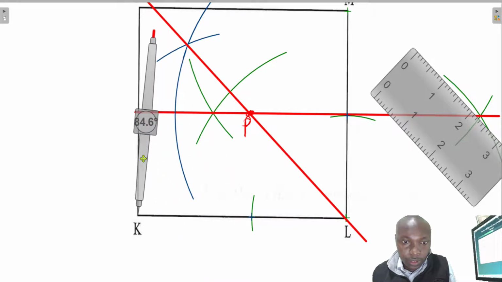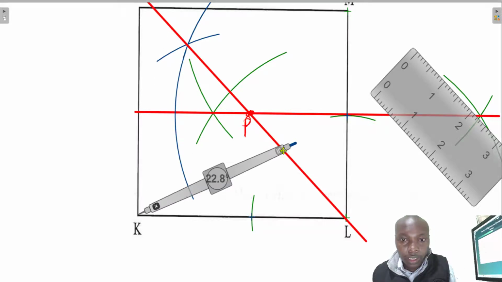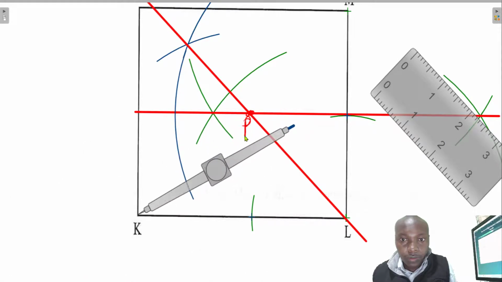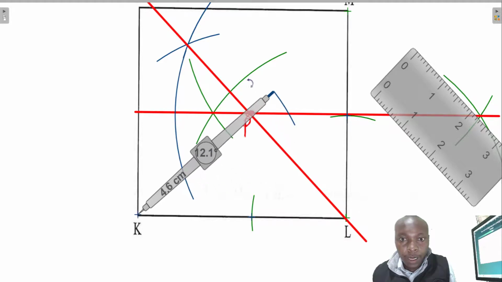So stand at K, and since we want to bisect, you open it more than half of that line. Make it a bit longer. Then from here you can mark an arc.